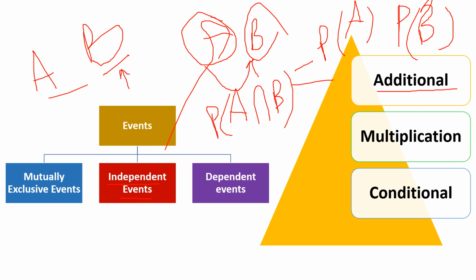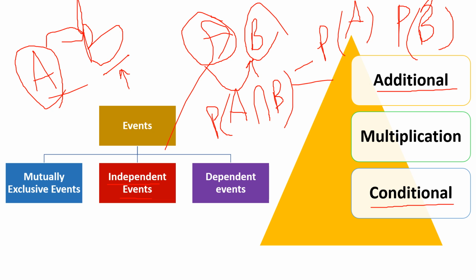If the occurred event A is affecting the occurring event B, then it is called a dependent event, because B is dependent on A. In this case, the multiplication theorem does not hold. For that case, we use conditional probability. I will give you the formula.